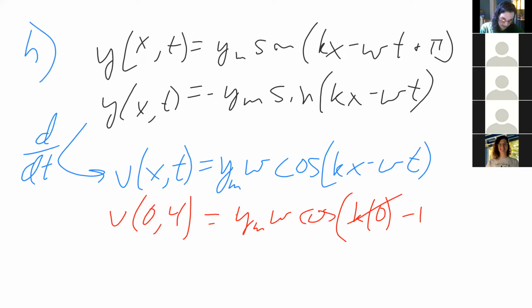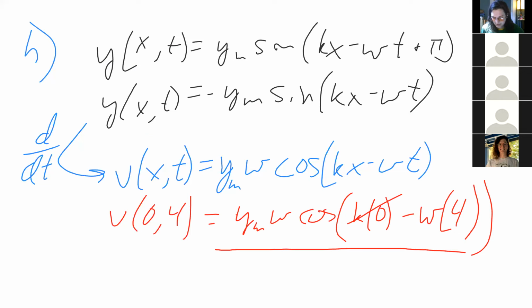Then we have minus the omega that we found earlier in the problem times our time, which is 4 seconds. Everybody might get a different time anyway. Cool, but then you just plug in all the values that we found so far in the problem, and we're just evaluating to find our speed.